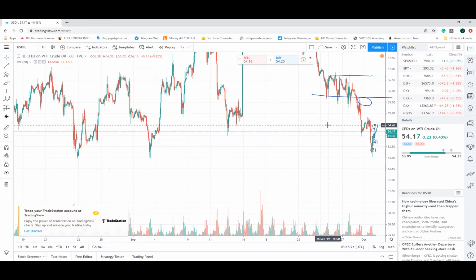So 1, 2, 3. Is this 4 and then another move down? Or are we counting this as the first move, the second, third, fourth, fifth, and now we're seeing A, B, C, and then maybe a continuation to the upside? I'm not sure on that one.